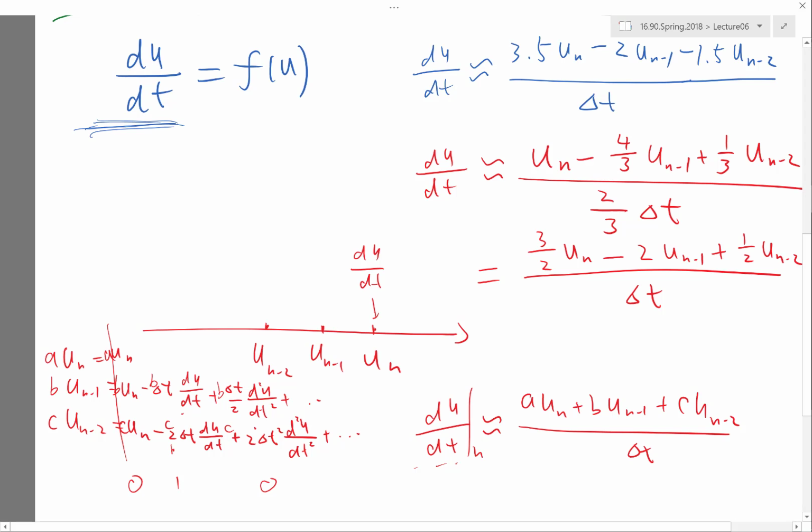Here? The factor 2, yeah, it's a good question. The factor 2 comes out of the Taylor series expansion. So Taylor series says that u at any point can be expanded as u at another point.